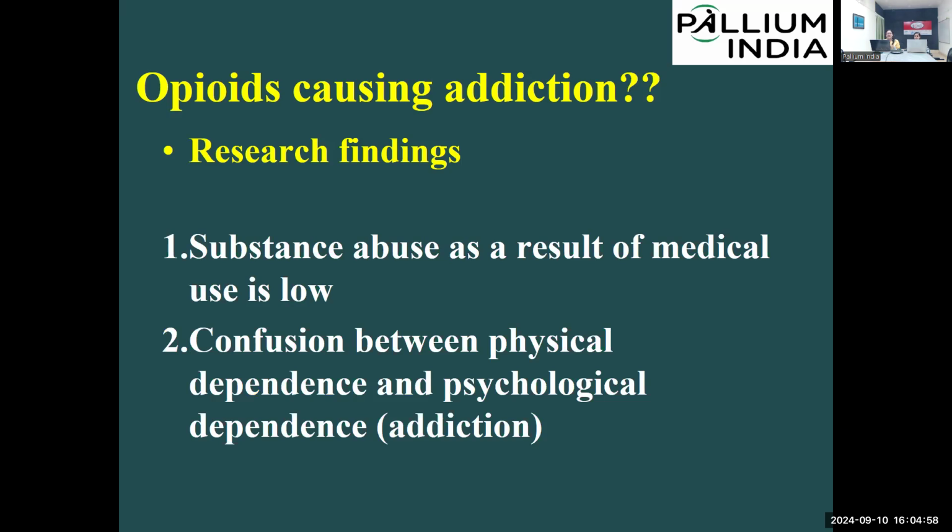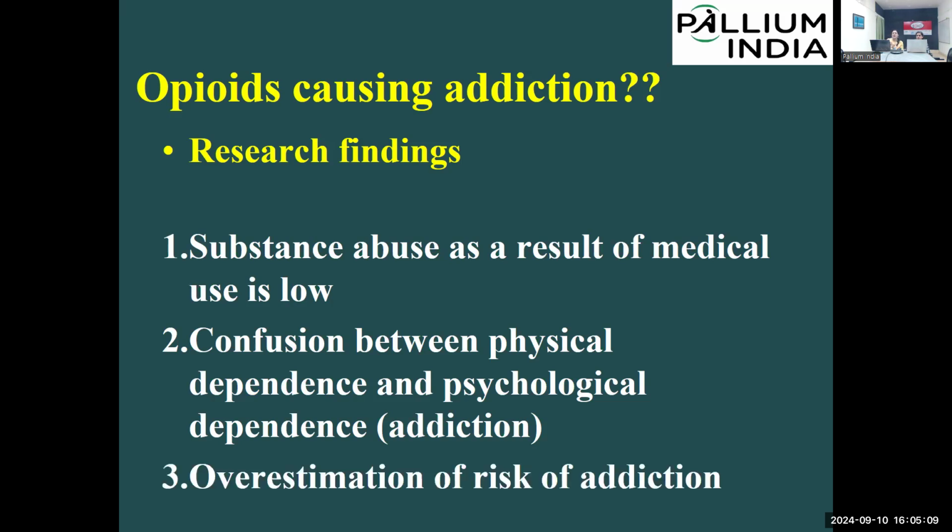There is always a confusion between physical dependence and psychological dependence, and there is overestimation of the risk of addiction. Because we are afraid of addiction, there are situations where the medications are not optimally prescribed even when indicated, because we overestimate the risk of addiction.